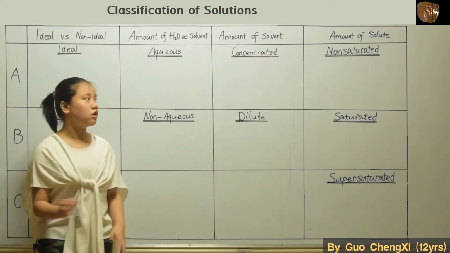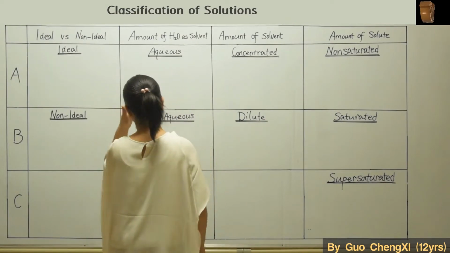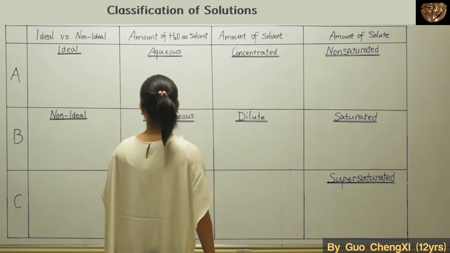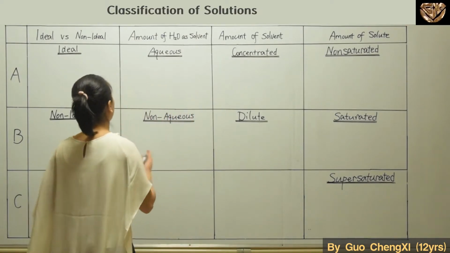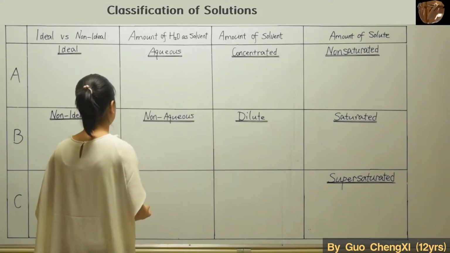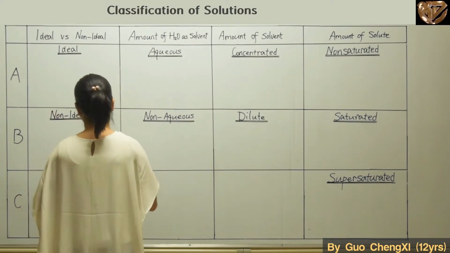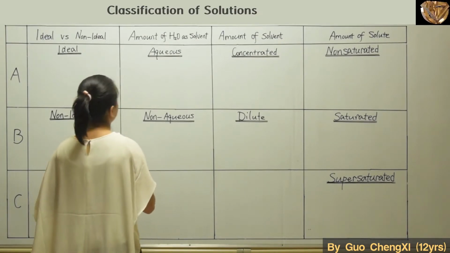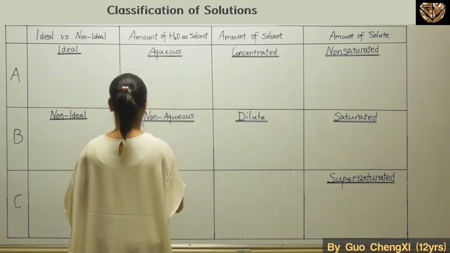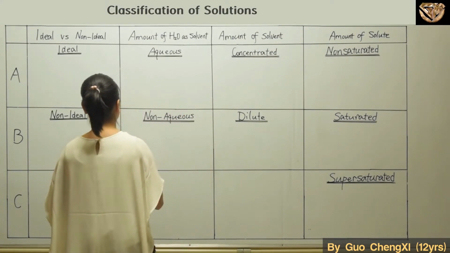Okay, so for the first one, what we'll have is ideal and non-ideal. Ideal is what we would want from an experiment, like what kind of results you want after you get the solution.